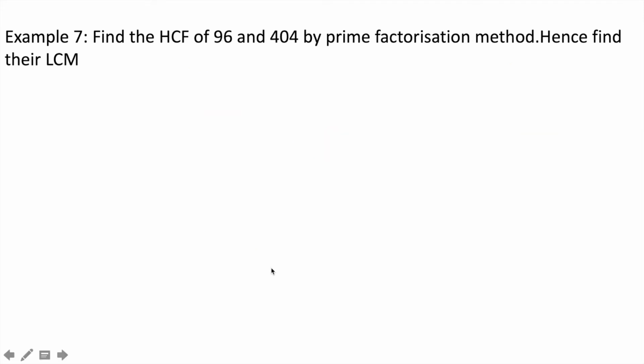This is example 7. Find the HCF of 96 and 404 by prime factorization method. Hence find their LCM. So first we are finding the HCF of 96 and 404.